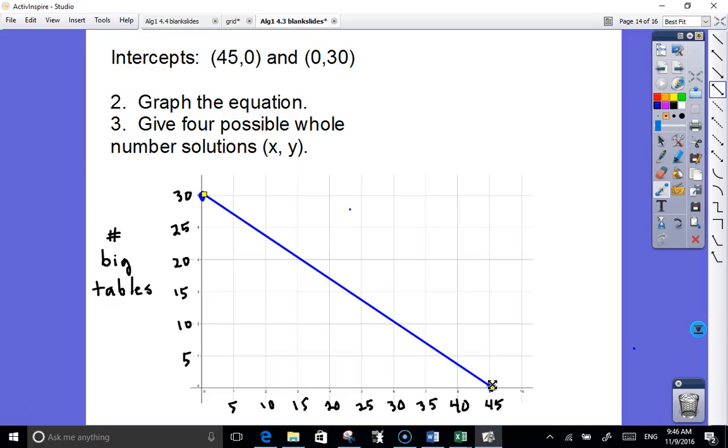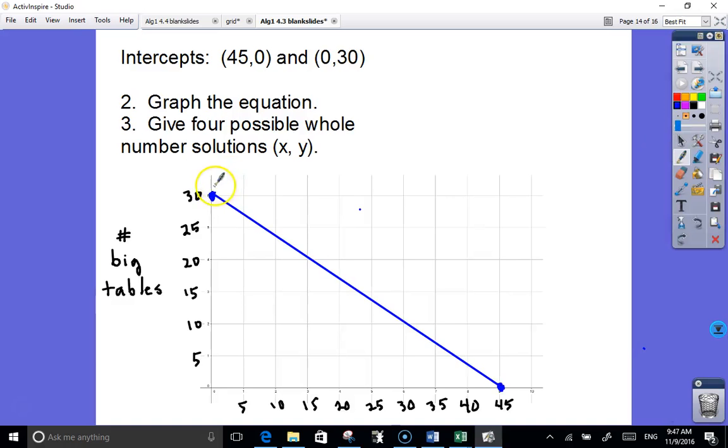One possibility would be, what if you just said 30 big tables? No small, 30 big tables. That would be 0, 30. You could also have all small tables, 45, that would be the x.